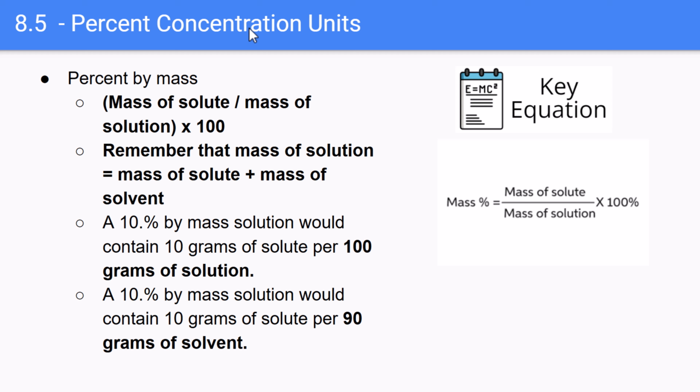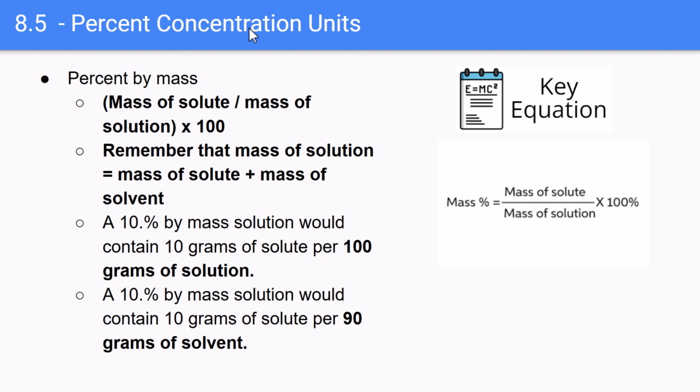What that means is a couple of different things. The first thing it means is that a 10% by mass solution would contain 10 grams of solute per 100 grams of solution. And that makes sense, right? Because 10 divided by 100 gives you 10%. However, a 10% by mass solution would also give you 10 grams of solute per 90 grams of solvent, right? Because solute plus solvent equals solution.